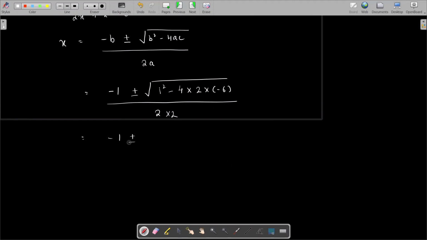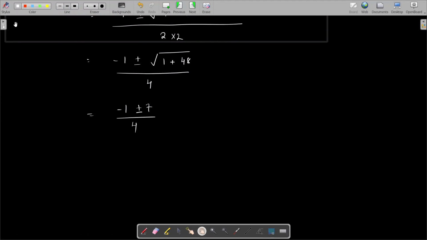Negative 1 plus and minus, 1 squared is 1. Then you have negative 4 times 2 times negative 6, so eventually it becomes positive. 4 times 2 is 8, 8 times 6 is 48. Over 2 times 2 is 4. Negative 1 plus and minus, 1 plus 48 is 49. Square root of 49 is 7, over 4.